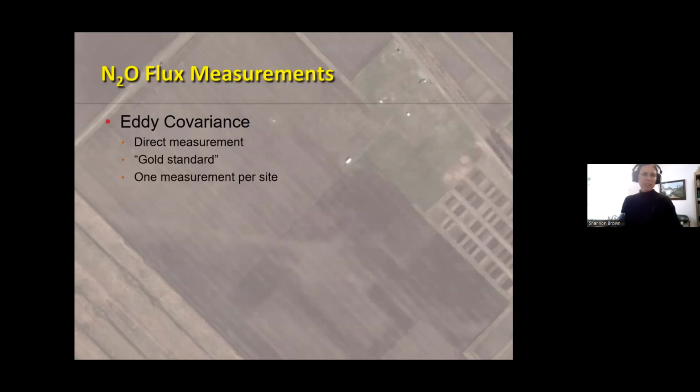So eddy covariance is a more direct measurement, and it's the gold standard of micrometeorological methodologies. One limitation, though, is that you can typically just get one measurement per site. So you can't really get replications using just one eddy covariance tower.